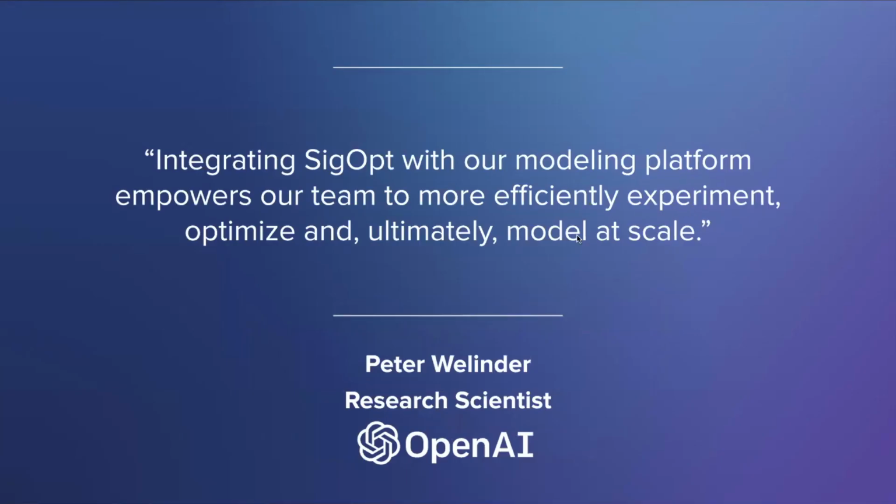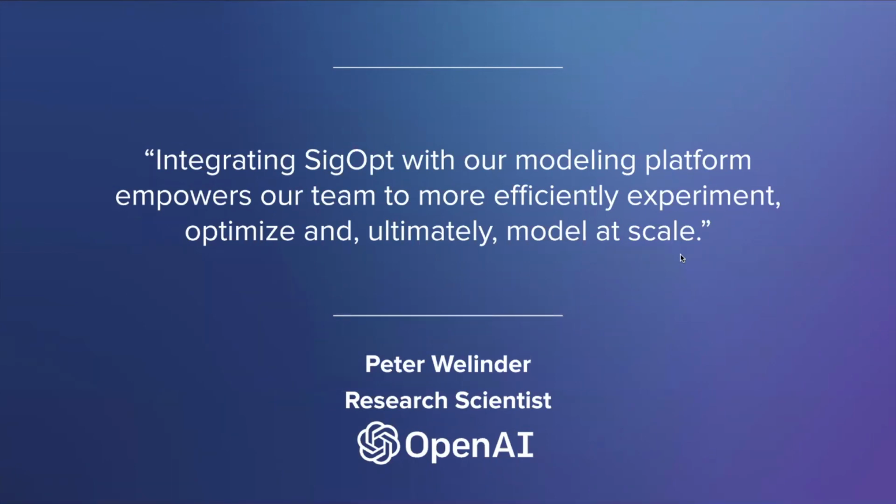Thank you so much, Harvey, for reviewing all of the wonderful features that comprise metric management. I just want to review a little bit of what some of our customers have done with the platform. Peter Welinder, a research scientist at OpenAI working on reinforcement learning, has found massive productivity improvements for his team.